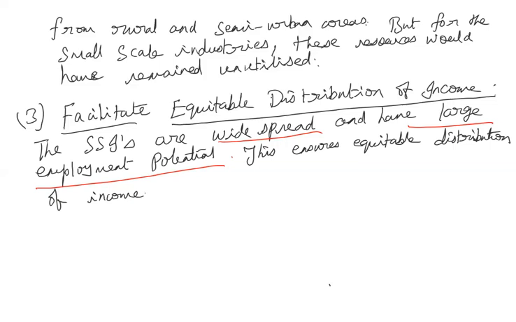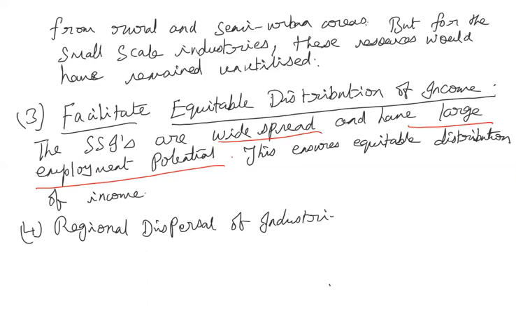Okay. So the next one is more or less the same: regional dispersal of industries. It can be established anywhere, including backward areas. So it promotes balanced regional development.